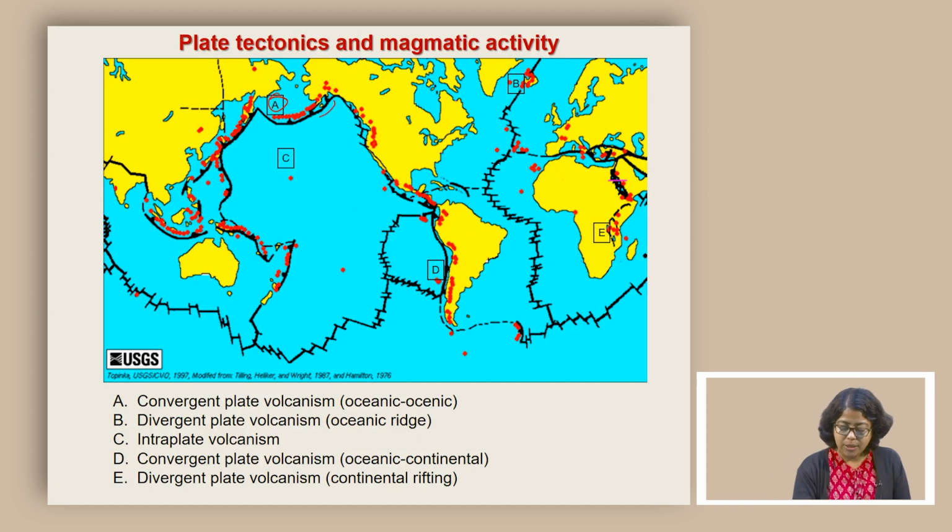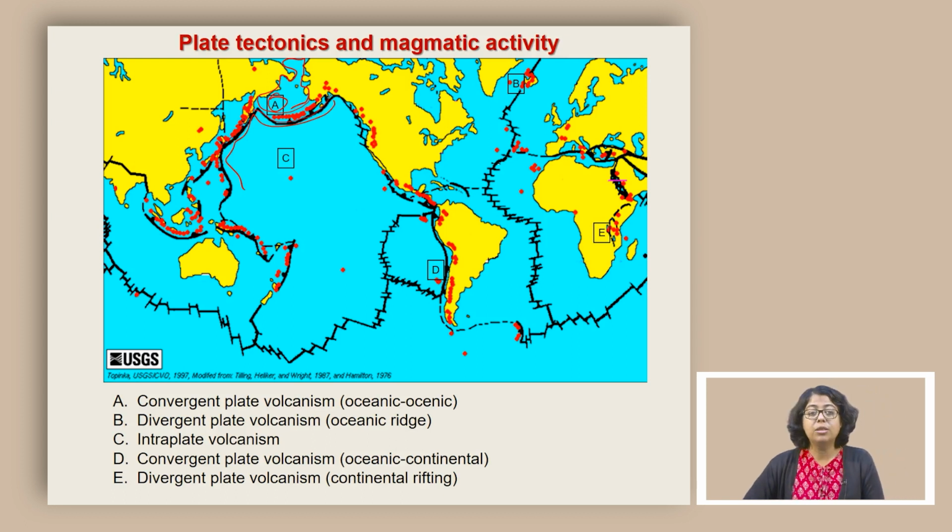If you look at this particular plate, this is the Pacific plate and it is meeting another oceanic plate, and therefore, we are calling it convergent plate boundary, and we are also going to see that there is major volcanism happening all around it.